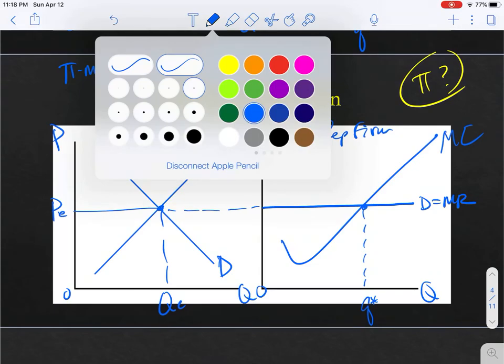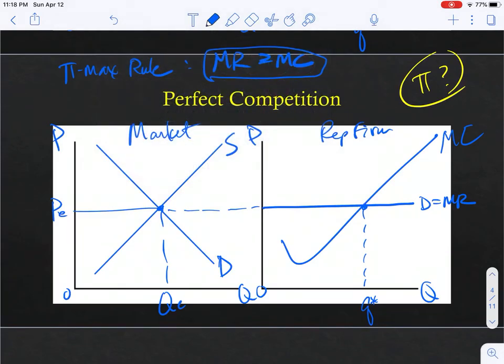I'm going to change color here. Let's use orange. To find profit, I really need to know total revenue and total cost, or if I had either one of those divided by Q, I'd get average revenue and average cost. Either one of those would work, right?